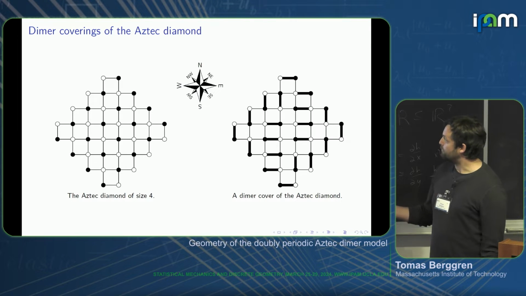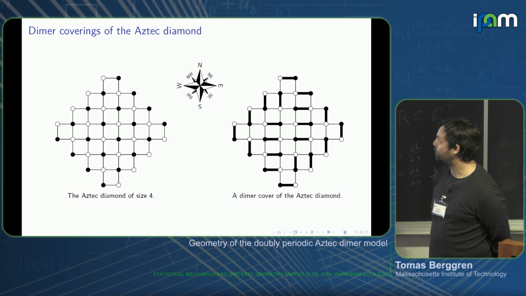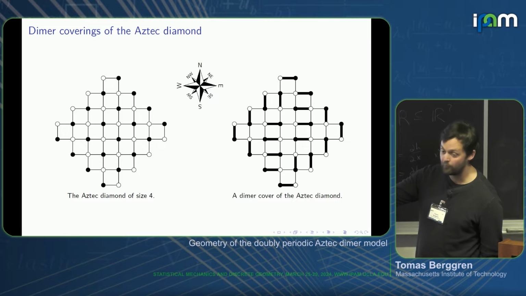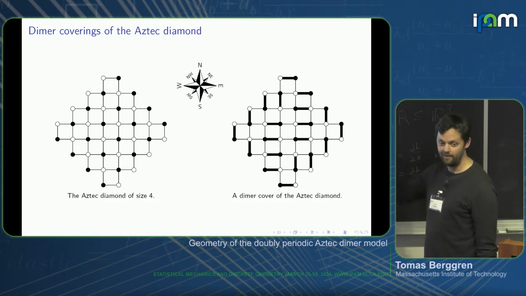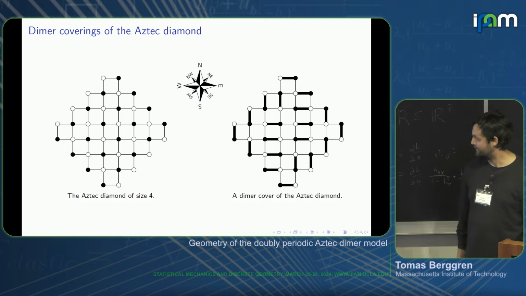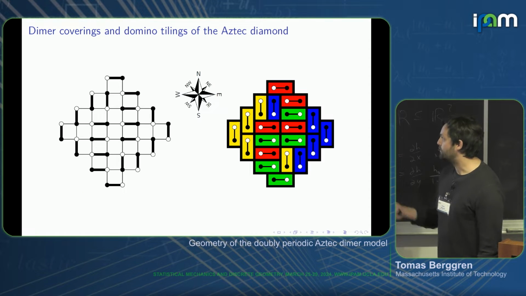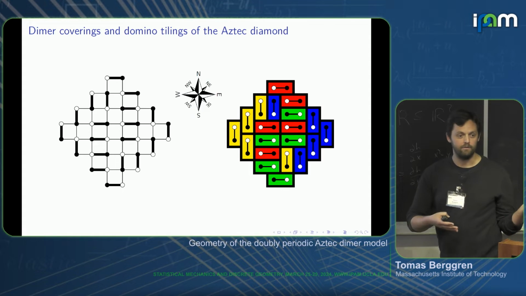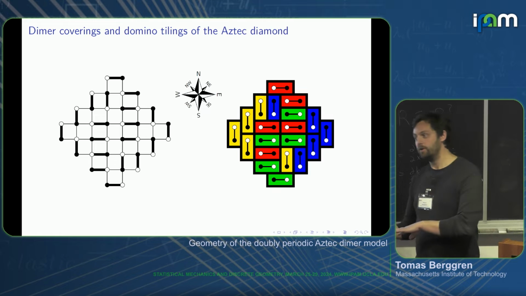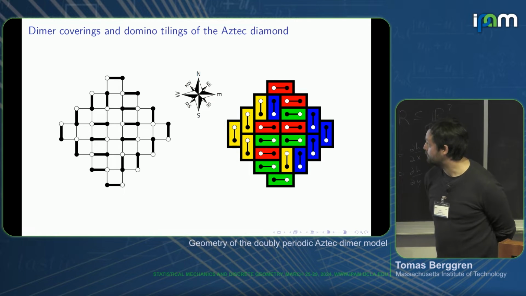Okay, and this is maybe the classical way of drawing the Aztec diamond, but going forward I will use the same convention as before, like rotated by 45 degrees. That's why I have this small compass. You can see the difference. And I should also say that instead of thinking of it from a dimer perspective, you can also think of it from a tiling perspective.